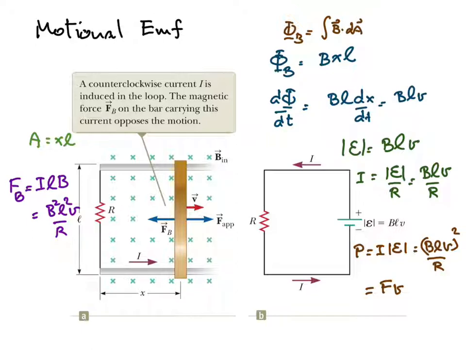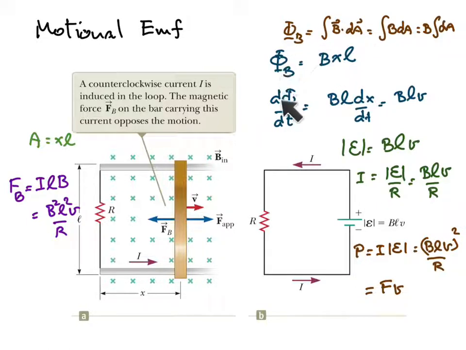But in this case, we know that B is perpendicular to dA, and B is constant because we have a uniform magnetic field here. So B dot dA is the magnitude of B times dA. So this is the integral of B dA, and the integral of dA is the area of the loop, so it's equal to X times L. Okay, so we have the magnetic flux like this.